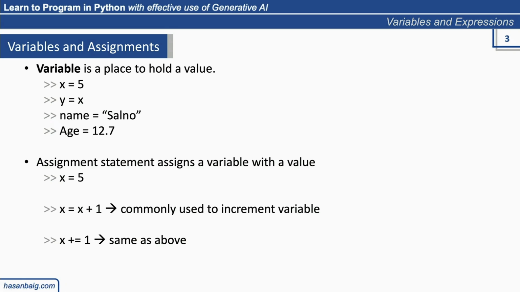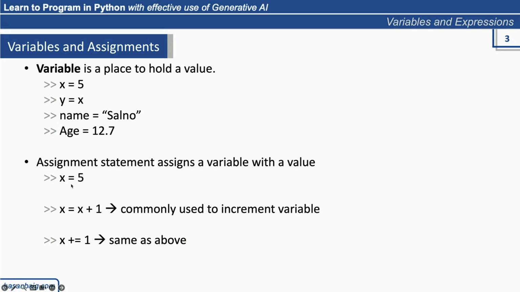If you have to write some message like welcome to CSE 1010 or whatever, you always enclose it in double quotes. And then we also have decimal values like 12.7. We generally use the term float for these kinds of things which have decimal values. Again, you do not need to specify float type, it automatically picks it up.